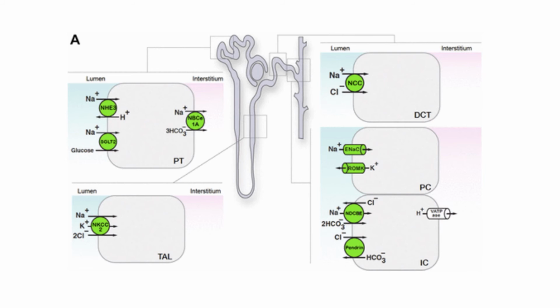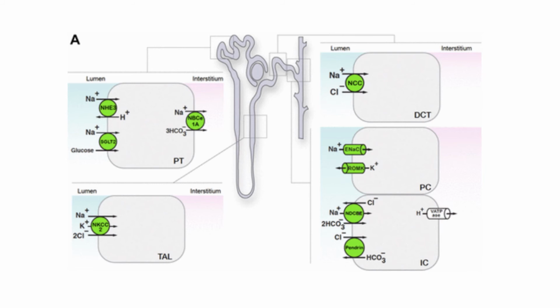Now coming to the reabsorption of sodium in the loop of Henle. In the loop of Henle there are 3 segments: thin descending limb, thin ascending limb, and the thick ascending limb.